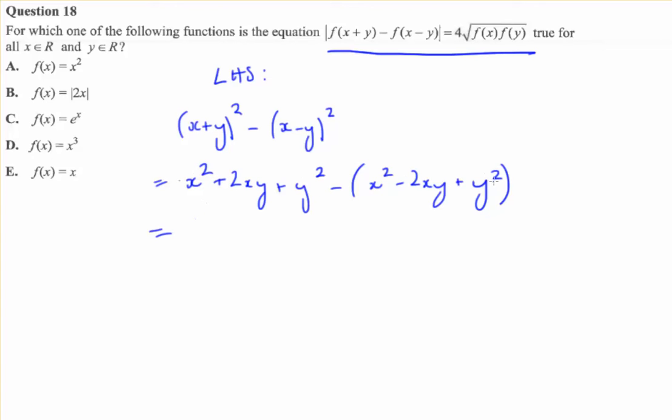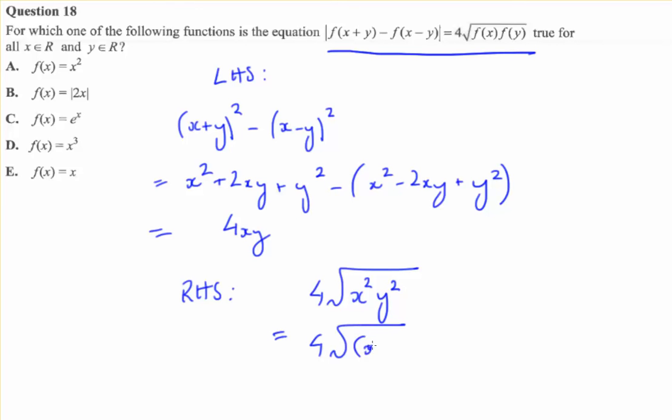And the x squareds and y squareds cancel, and we get 4xy. Looking at the right-hand side, we have 4 times the square root of x squared times y squared, which is 4 times the square root of (xy) all squared, which is 4xy once again. Therefore, left-hand side equals right-hand side, and we can see that A is our answer.